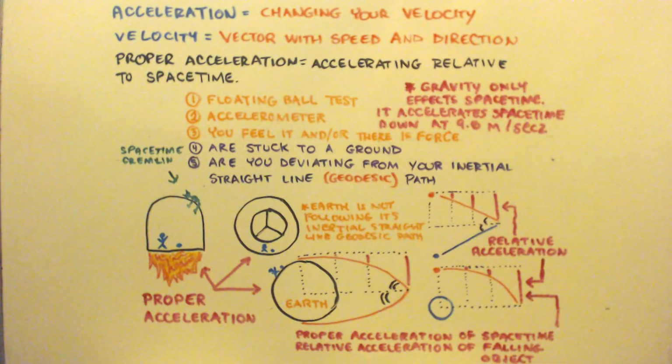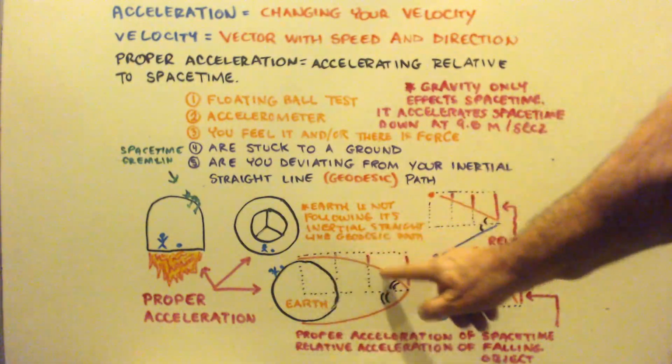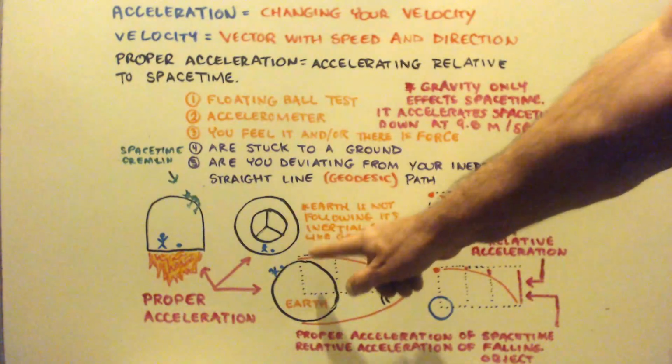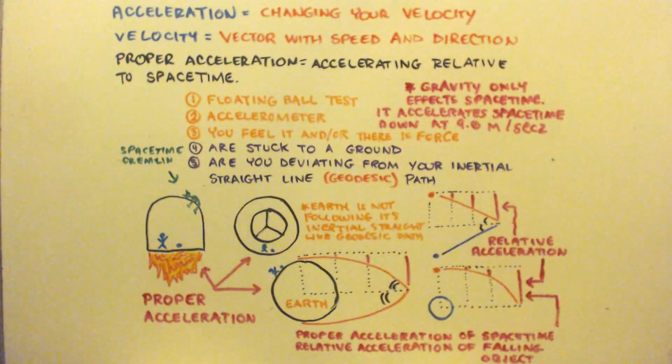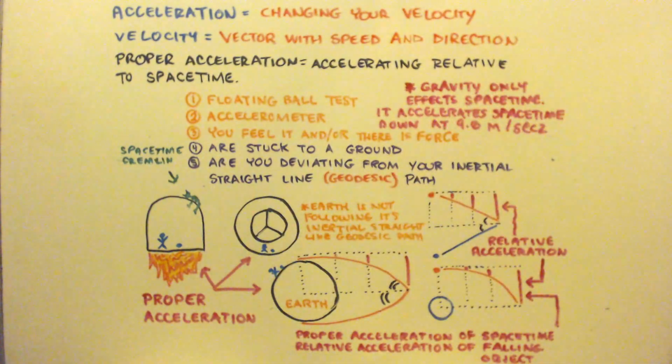So you hit the ground. Then what happens when the ground happens? You're falling, you hit the ground. The space-time coordinates keep going down, but you're standing here. The ground is preventing you from following your inertial straight line geodesic path, see? Just like here. The ground prevents you, because you want to go off on a tangent, right? But the ground prevents you from taking that inertial straight line path.